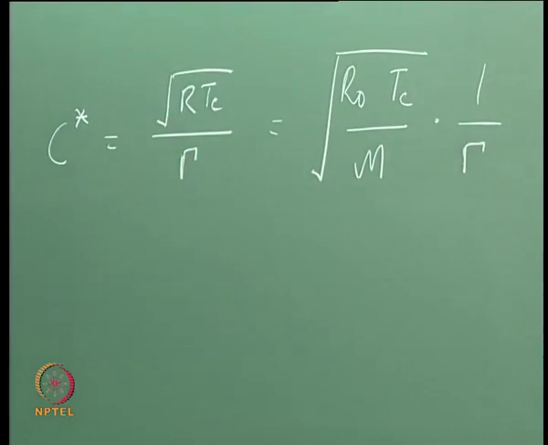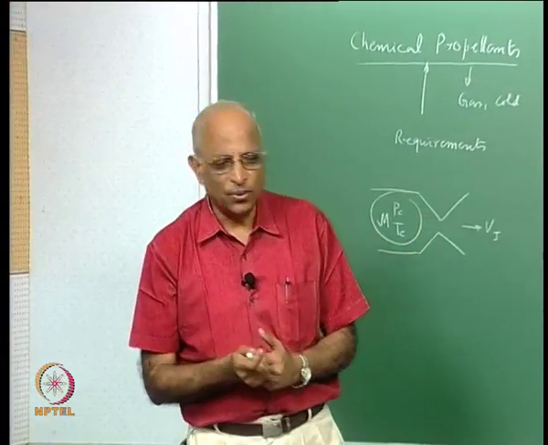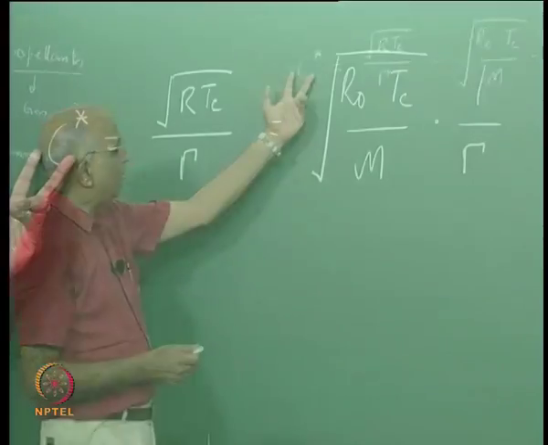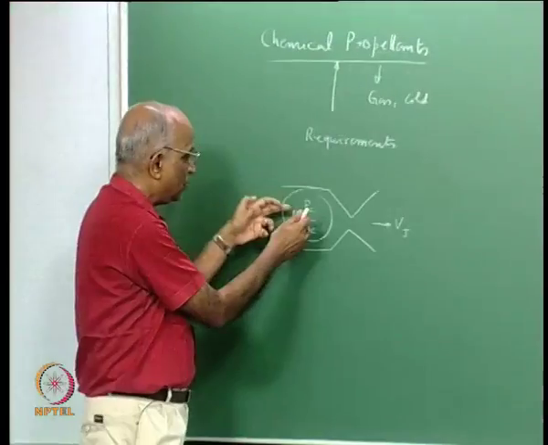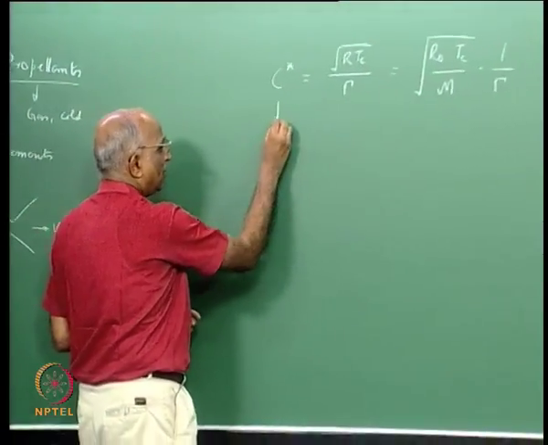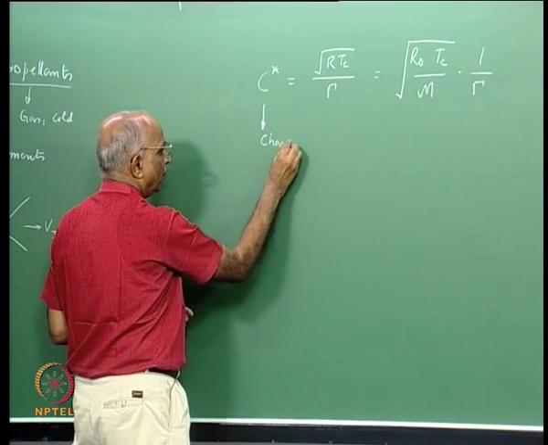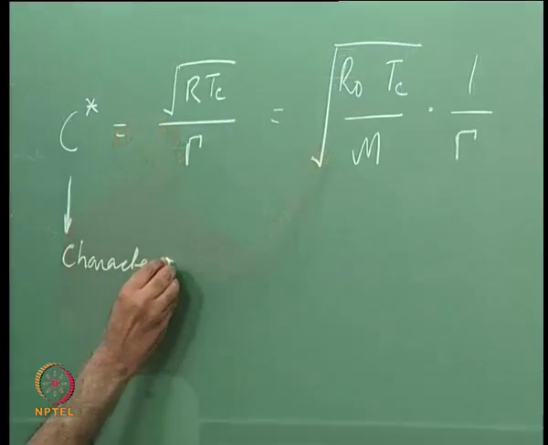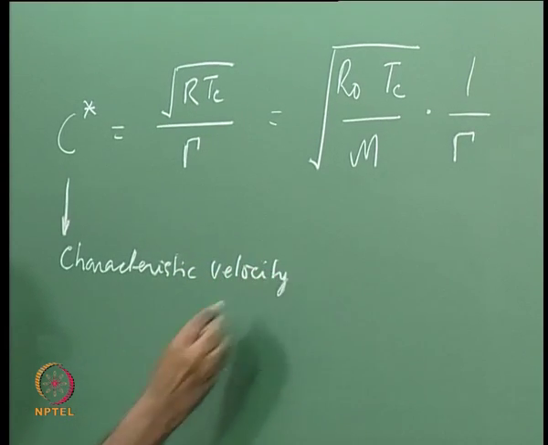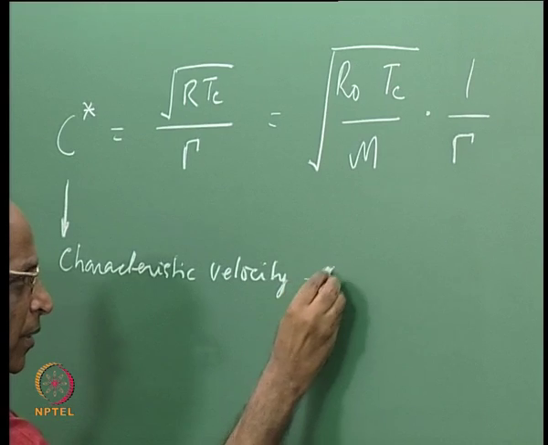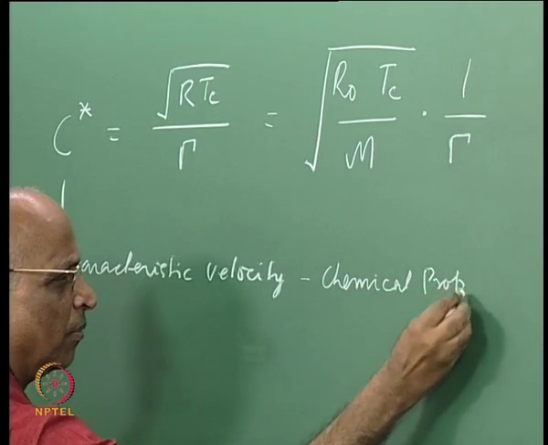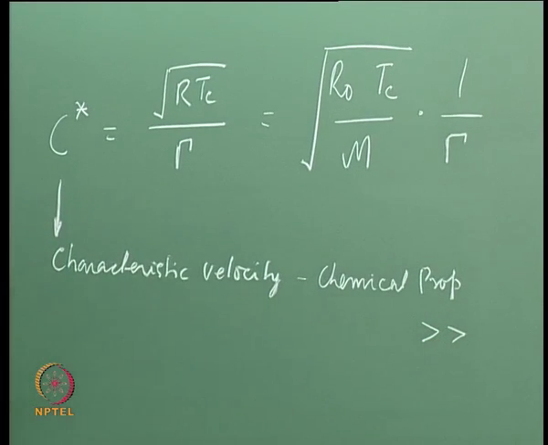Therefore, this should tell us what we really require in a propellant to do. What we require is this transfer function, which tells the capacity of this particular chamber to generate high pressure gases, or rather this characteristic velocity, which was a transfer function of the propellant, of the chemical propellant, any propellant, must be large, right.